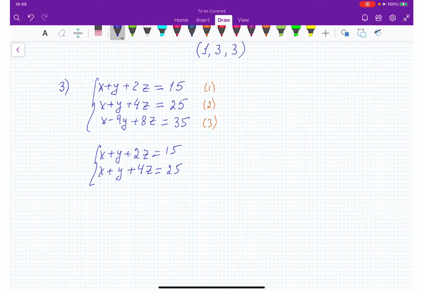Okay, I want to eliminate, let me see, x or y. Which one do you prefer? Let's eliminate y this time. So actually both of them are going to eliminate. Multiply by -1.